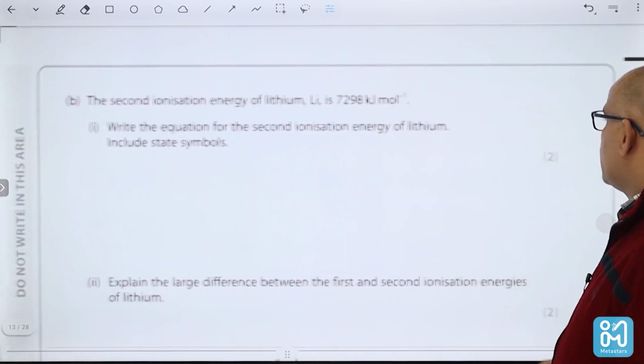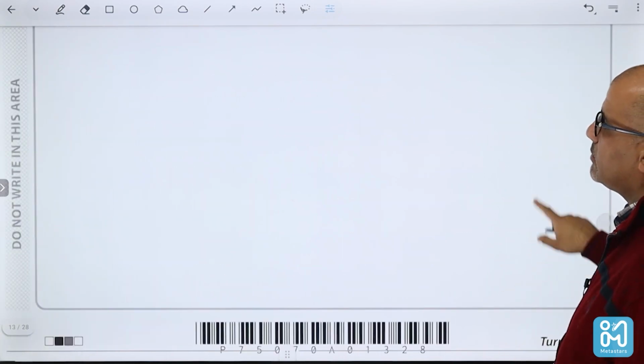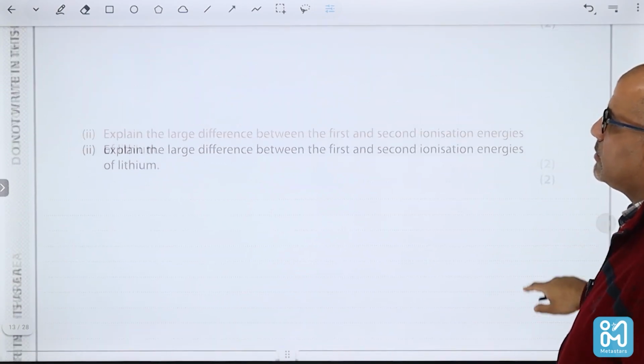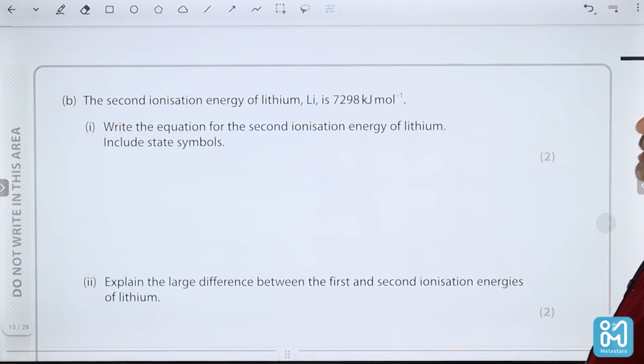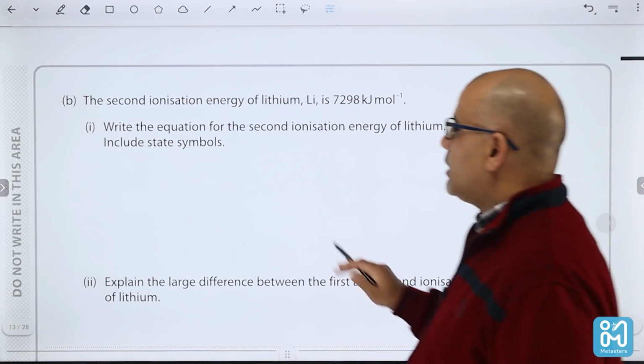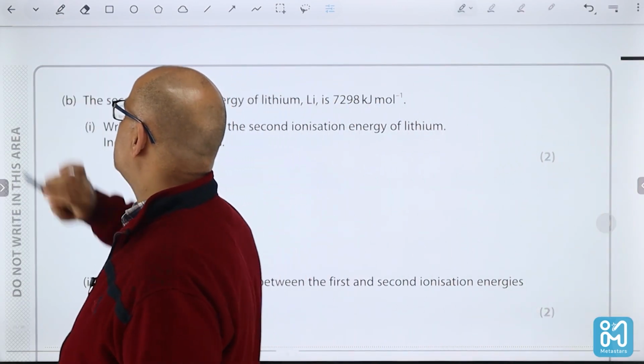Now, what's next? The second ionization energy of lithium, Li, is 7,298 kilojoules per mole. Write the equation for the second ionization energy of lithium, including the state symbols.